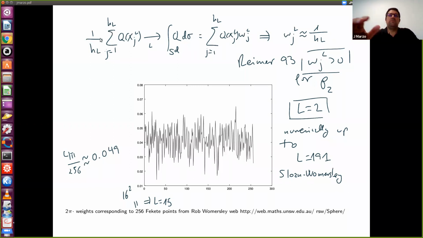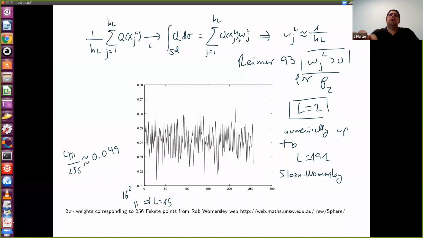Just by this uniform equidistribution, this converges to the integral of Q. But we know that if Q is a polynomial of the right degree, then this is equal to this quadrature expression. Okay, so the evaluation of the polynomial at the points times these weights.